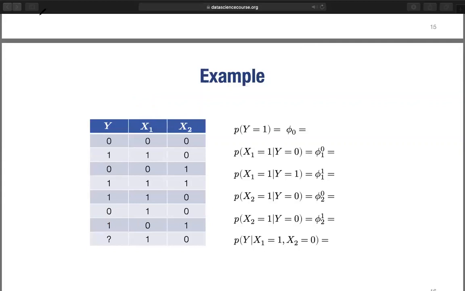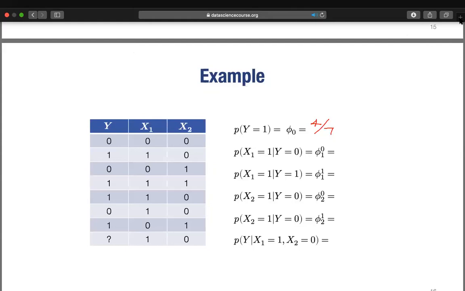So for this particular one, we have 4/7, right? What's the probability of x1 being equal to 1, given y is equal to 0?